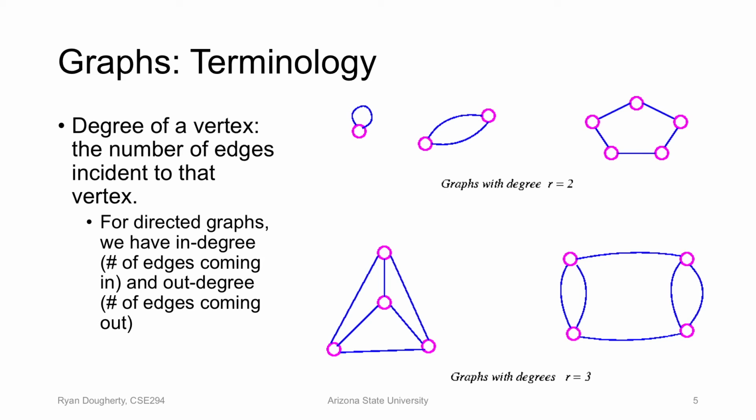You have graphs with degree r equals 3 in there. What if you put another point on one of the side edges and connected a fourth line to the center one? Everything would have 3, but the middle would have 4. Would the graph be a degree of r equals 4? So for this graph right here, I add some vertex, and where do I connect it? To the very center.